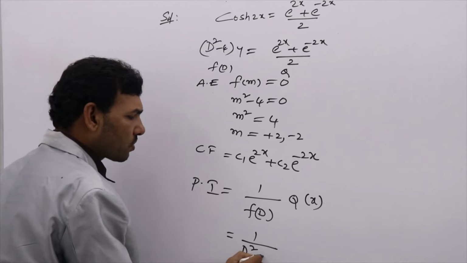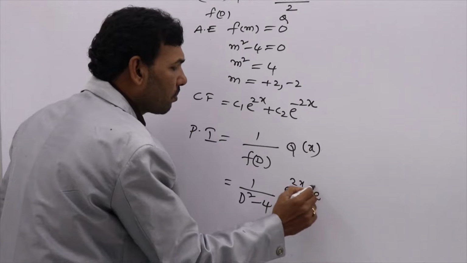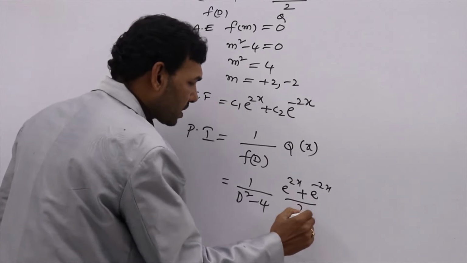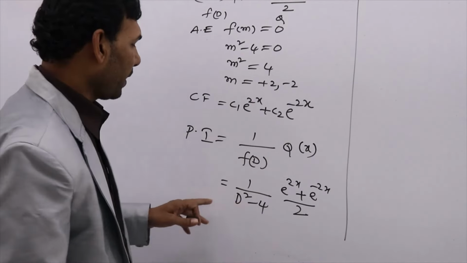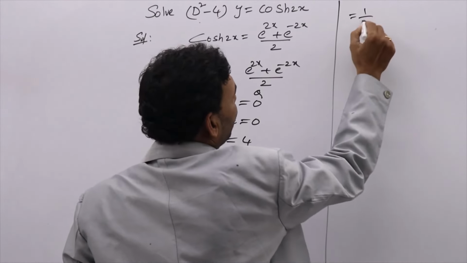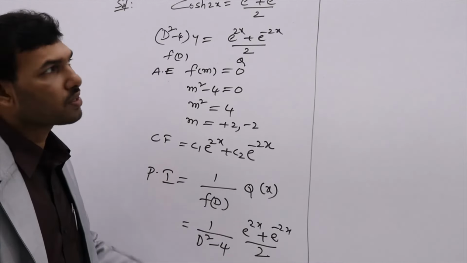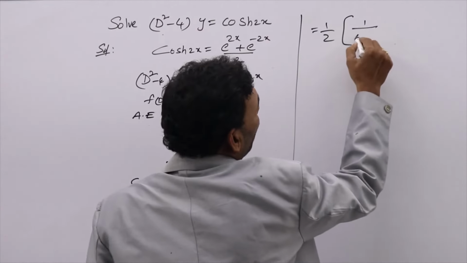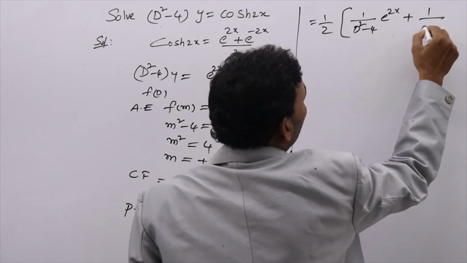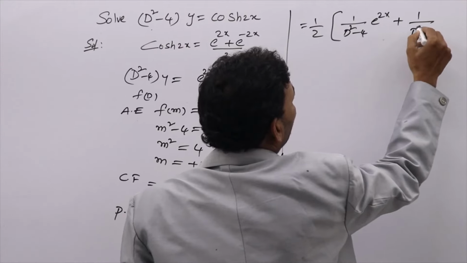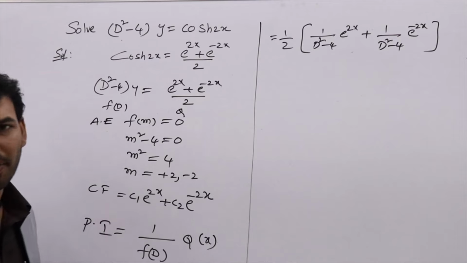So 1 by (D square minus 4) into (e power 2x plus e power minus 2x) by 2. Now take that 1 by 2 as a constant and split this into two terms like this: 1 by (D square minus 4) e power 2x plus 1 by (D square minus 4) e power minus 2x.